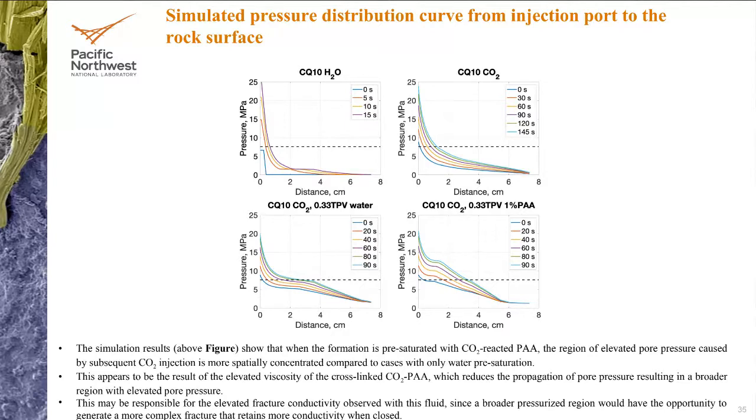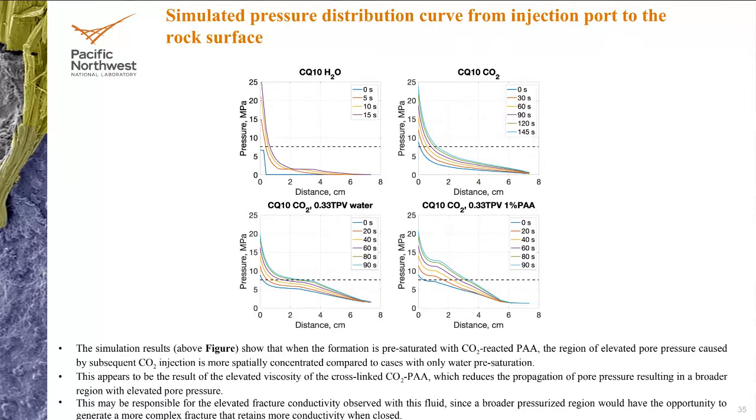But in the case of polymer solution, even at the very beginning of the reaction, when we introduce CO2 with the polymer solution, we get pressures above the minimum principal stress significantly higher than the other 3 fluids. And it goes all the way to about 3.5 centimeters from the wellbore.